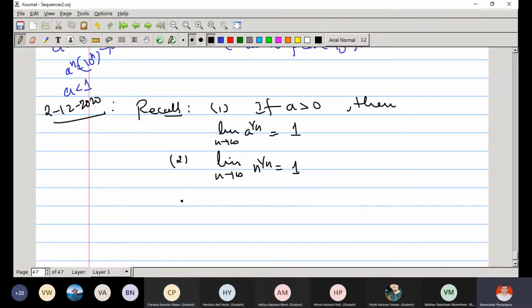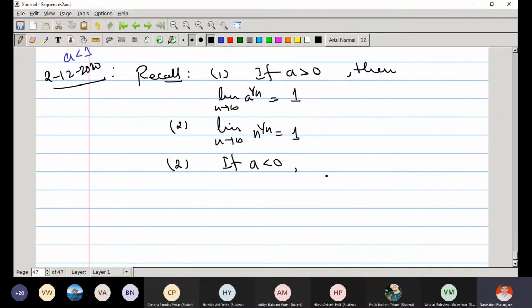If a is positive. Now if a is negative, then what can you say about limit n tends to infinity a raised to 1 by n?